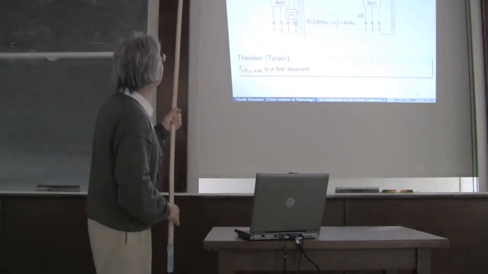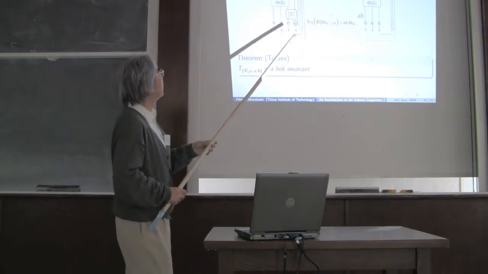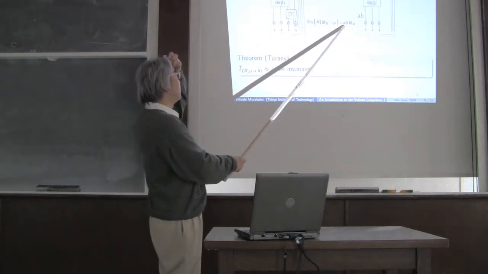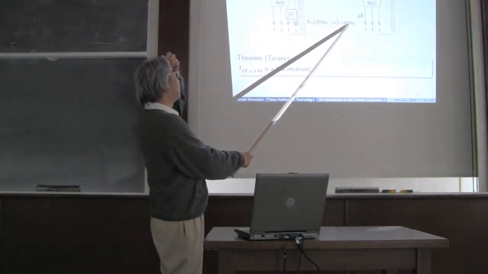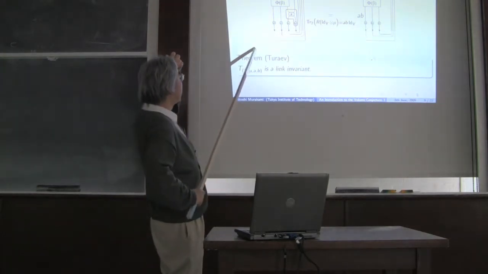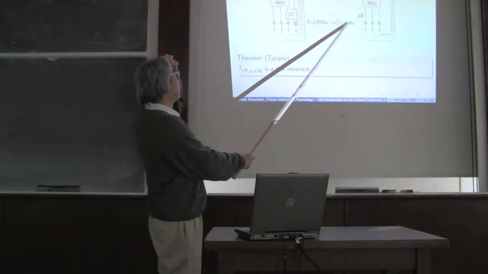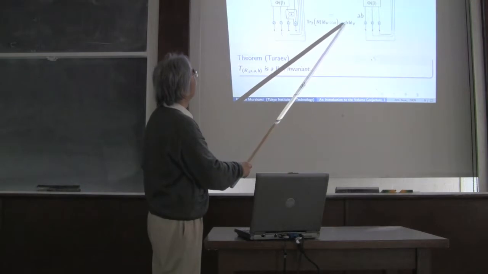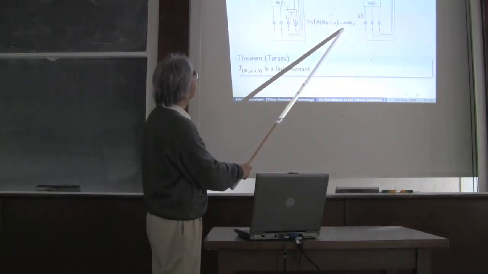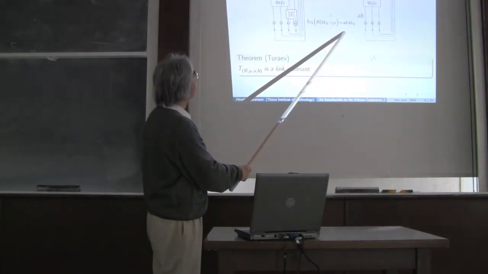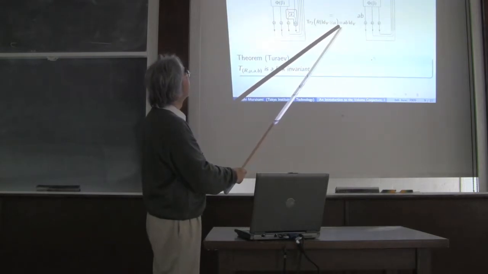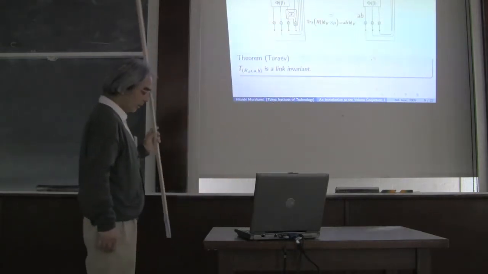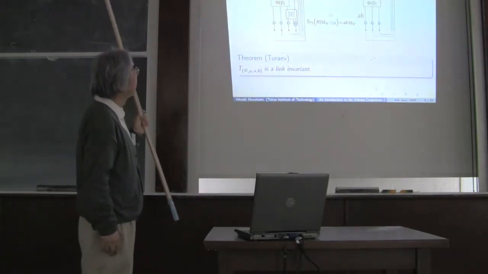By adjusting A and B, in the definition of T, we add B to the N, where N is the number of grades, and we multiply by A to the minus W, where W is the algebraic sum of the exponents.